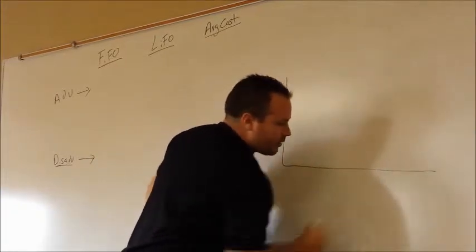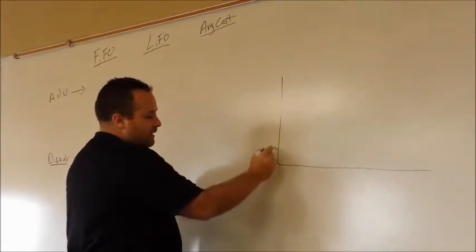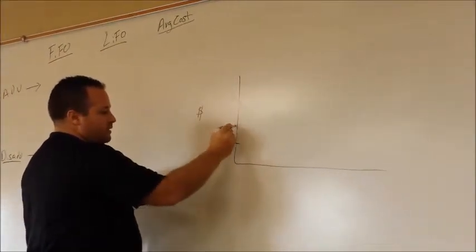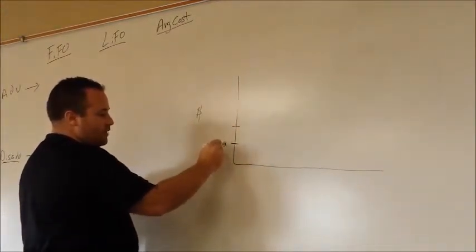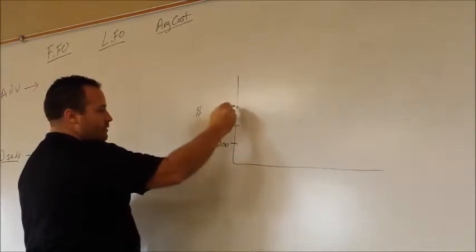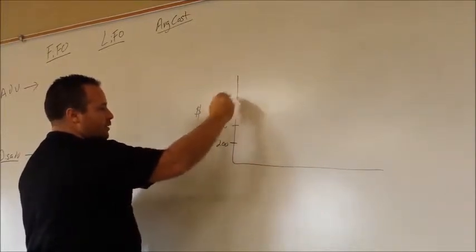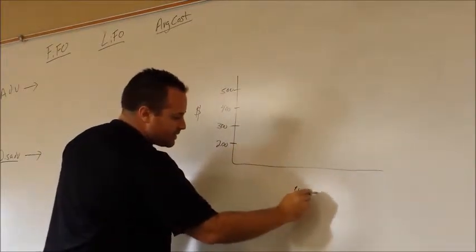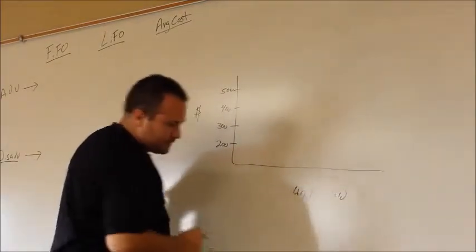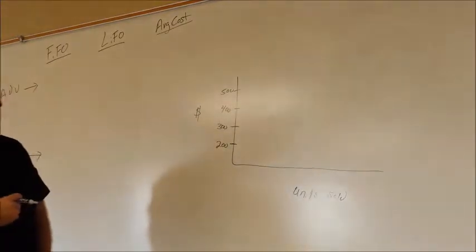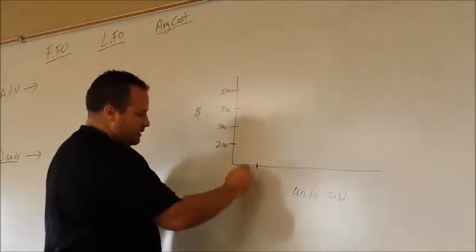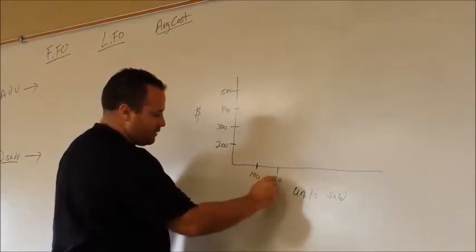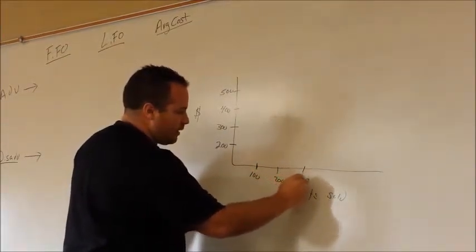If I had a graph, and this over here was dollars. So I'll say this was 200, 300, 400, we'll go up to 500. And then down here is units sold. Let's say I sold 100, 200, we'll go up to 400.